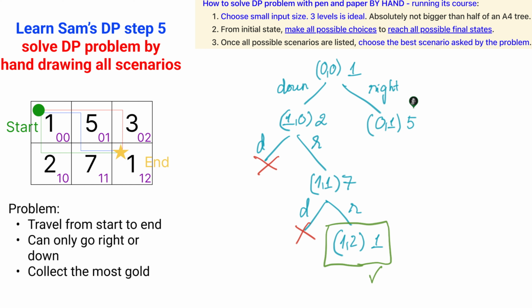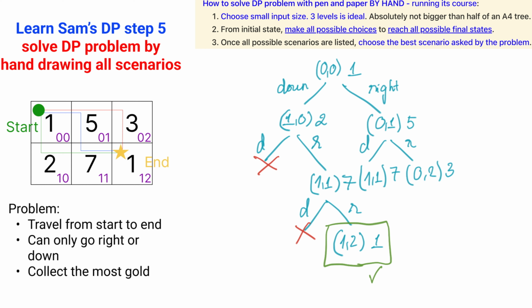So from here, we can go down or right. If we go down from 0, 1, we're gonna hit 1, 1, and at 1, 1, we have 7 goals. If we go right from here, we're gonna hit 0, 2, and at 0, 2, we have 3 goals.